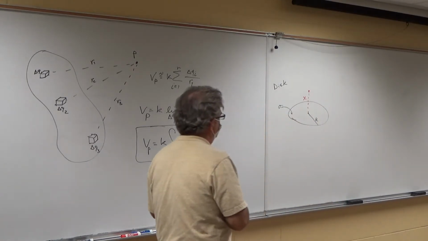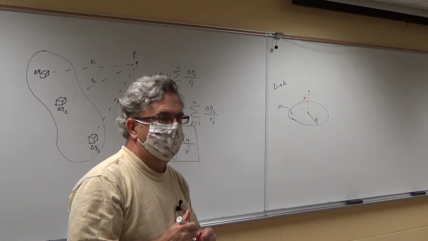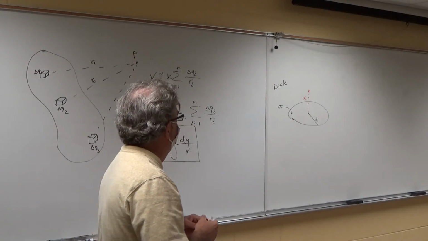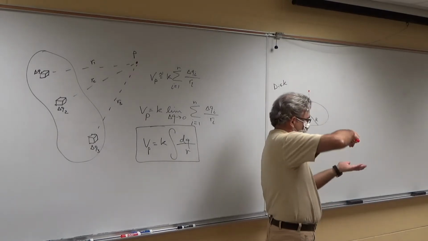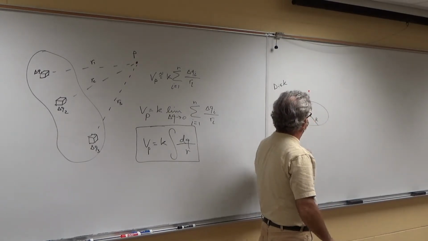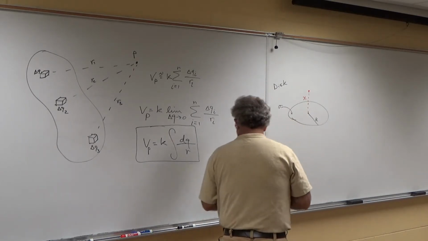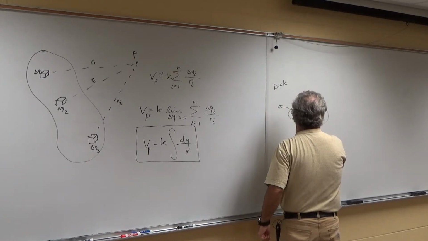So same setup we had for electric field, except now we're going to calculate the potential. Okay? So a finite disk of radius capital R, a distance x above the center. What's the potential? Surface charge density sigma. Same thing that I did with electric field. I'm going to break it up into rings.